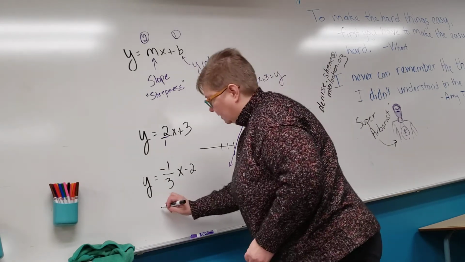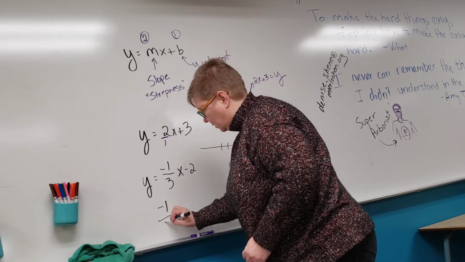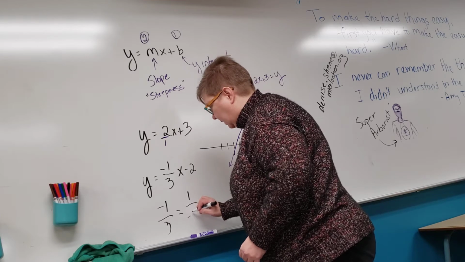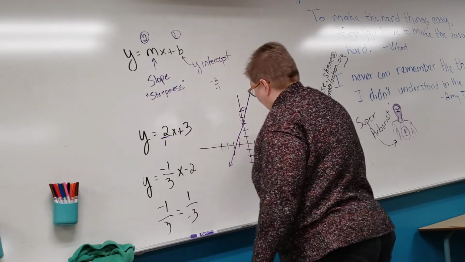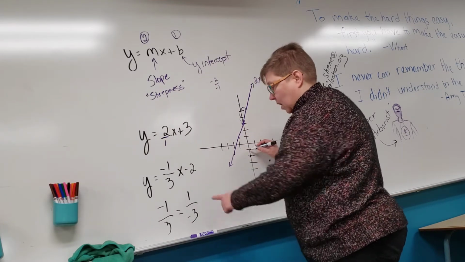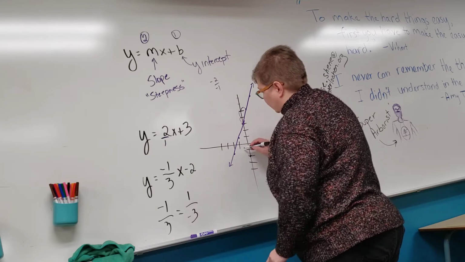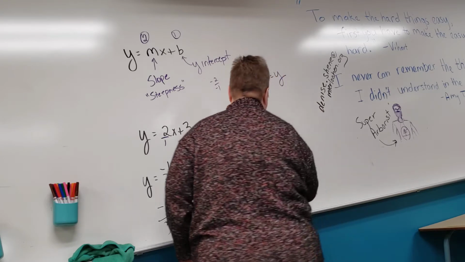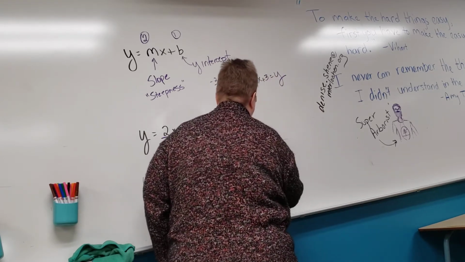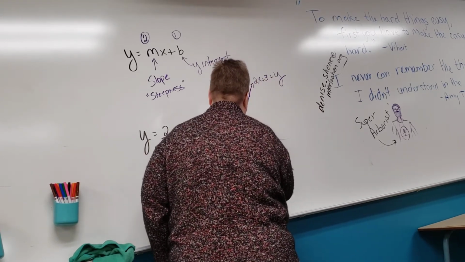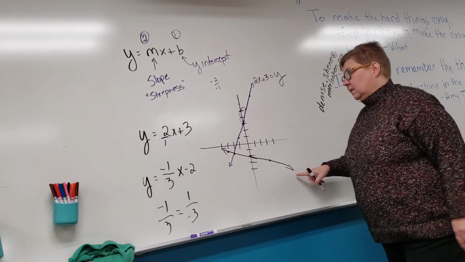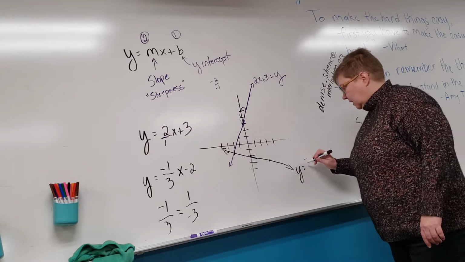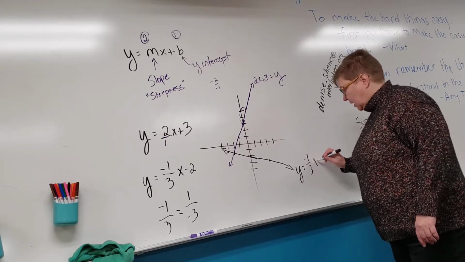Or remember, negative 1 over 3 is the same thing as 1 over negative 3. So I could go up 1 and to the left 1, 2, 3.